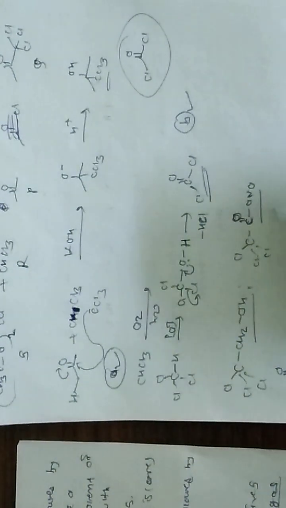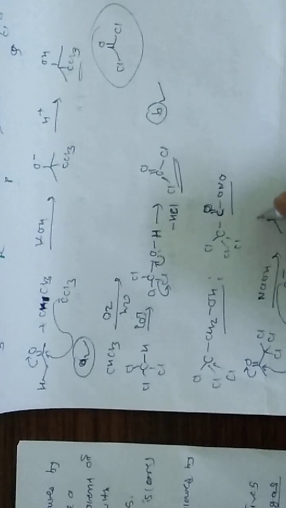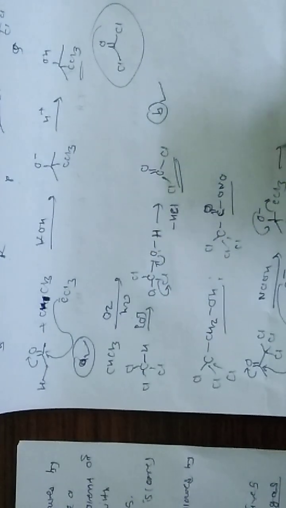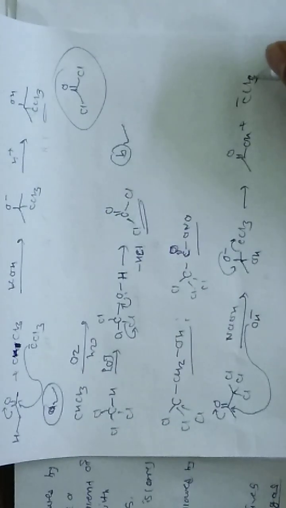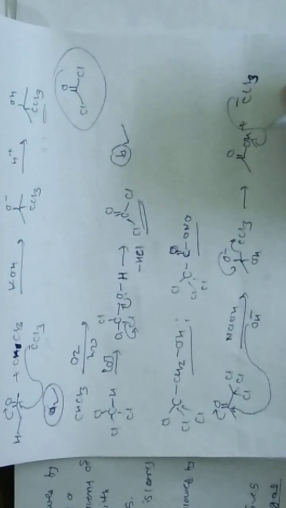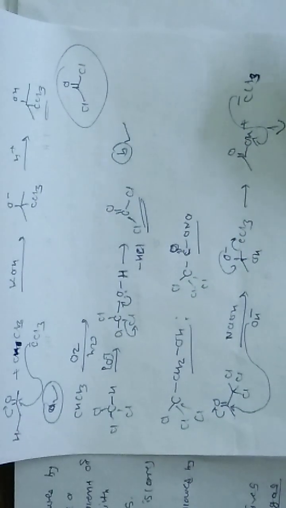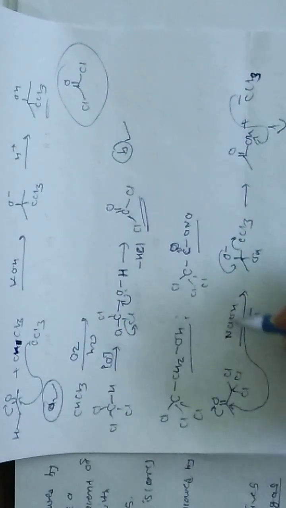So what will be formed? And this opens. So here O minus, OH, CCl3. This comes back and this leaves out. So OH plus CCl3 minus. This is the acidic proton. This is the conjugate base. Therefore, this takes that acidic proton and gives O minus plus CHCl3. And what is the counter ion of that carboxylate?